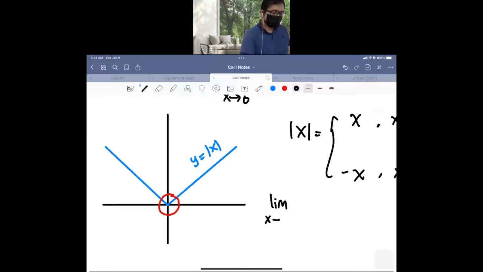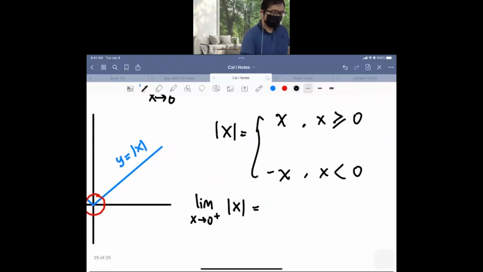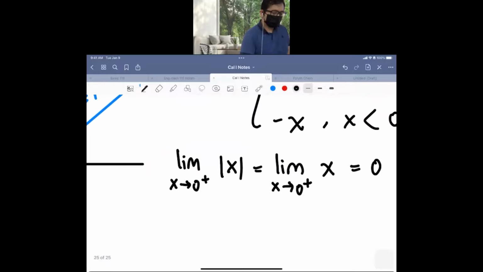So let's say we try to analyze from the right. From the right, this will be the interval, this interval, positive one. So we will have just x, and of course this will be 0.